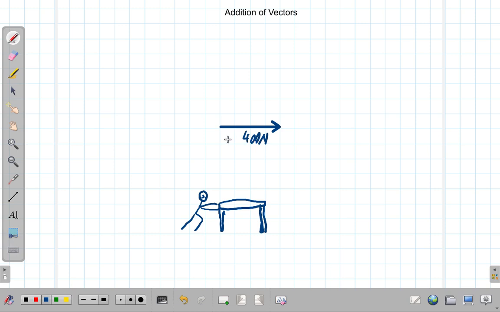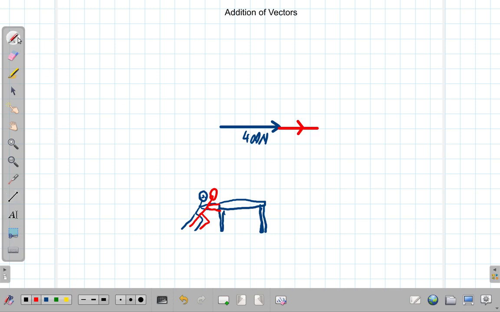Then you have a friend who comes along to help you to push that table. So this is your friend helping you to push the table. Alright? And your friend is exerting a force of, say 300 newtons.